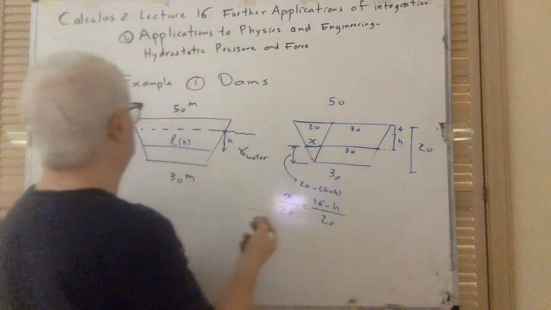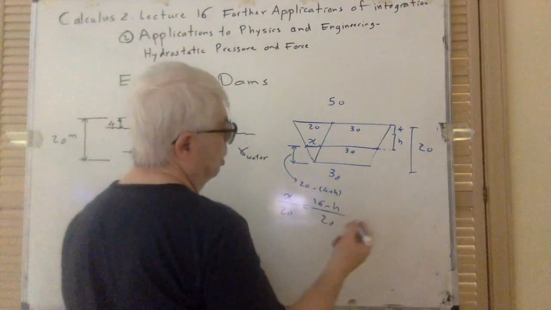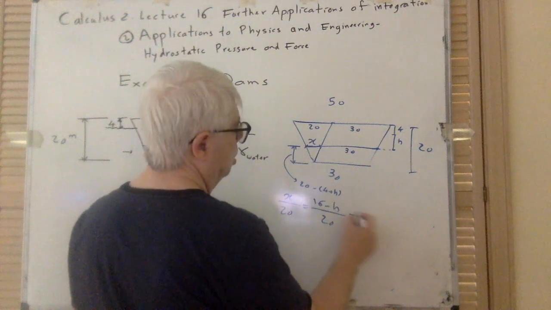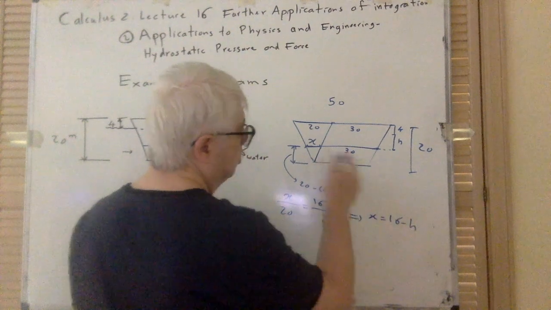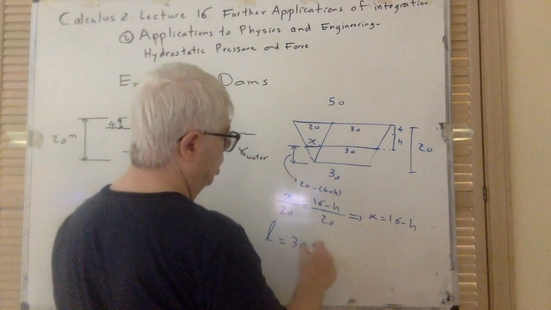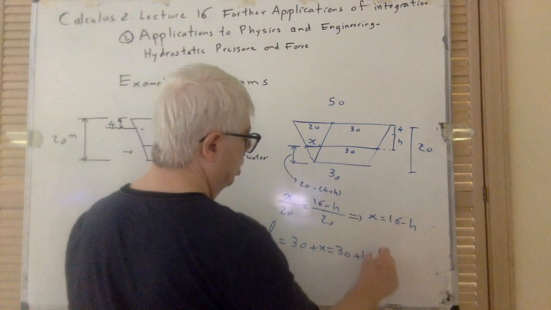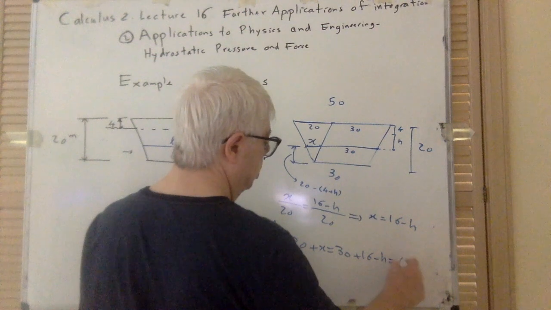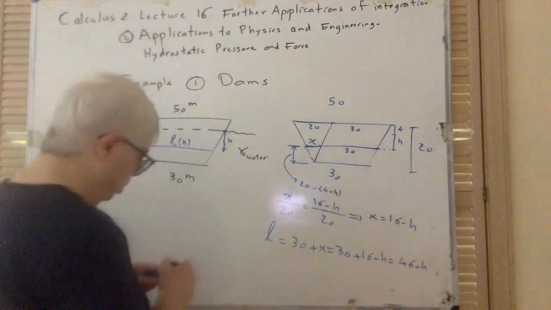This is just coincidence because the 20 and the 20 cancel out. It doesn't happen all the time, but anyway, this gives me that x is 16 minus h. So L, which is 30 plus x, will be 30 plus 16 minus h, so it will be 46 minus h. Okay, so I have L.